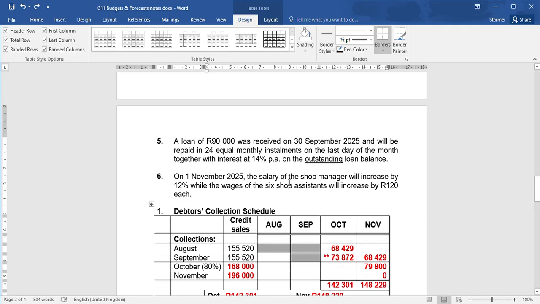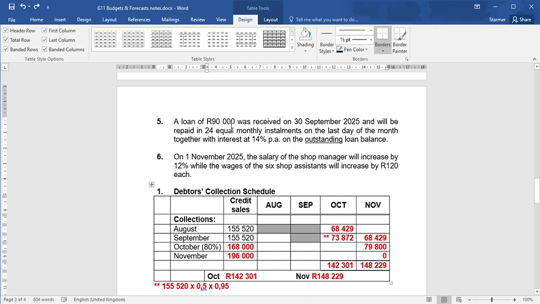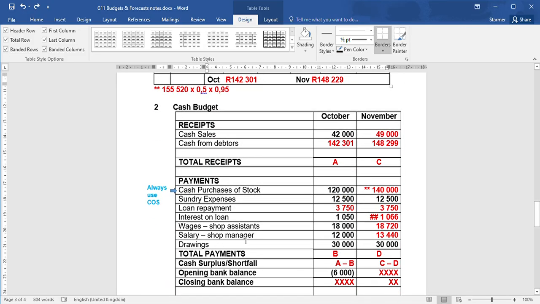And it says it will be paid in 24 equal monthly installments on the last day of the month, together with interest on the outstanding loan balance. So to get your loan repayment, you're going to take the 90,000 and divide by 24. So the 90,000 divided by 24 gives you 3,750 per month.